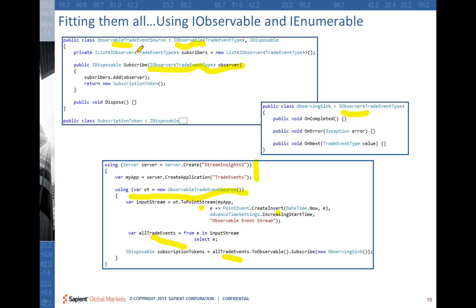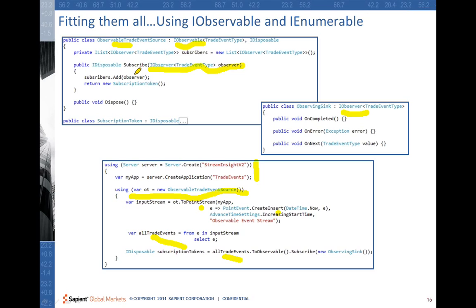And this is when this particular subscribe method is called. So forget this bit. We are doing all trade events dot ToObservable, right? So this all trade events is nothing but your input stream, and input stream is nothing but your observable events source to dot point stream, right?